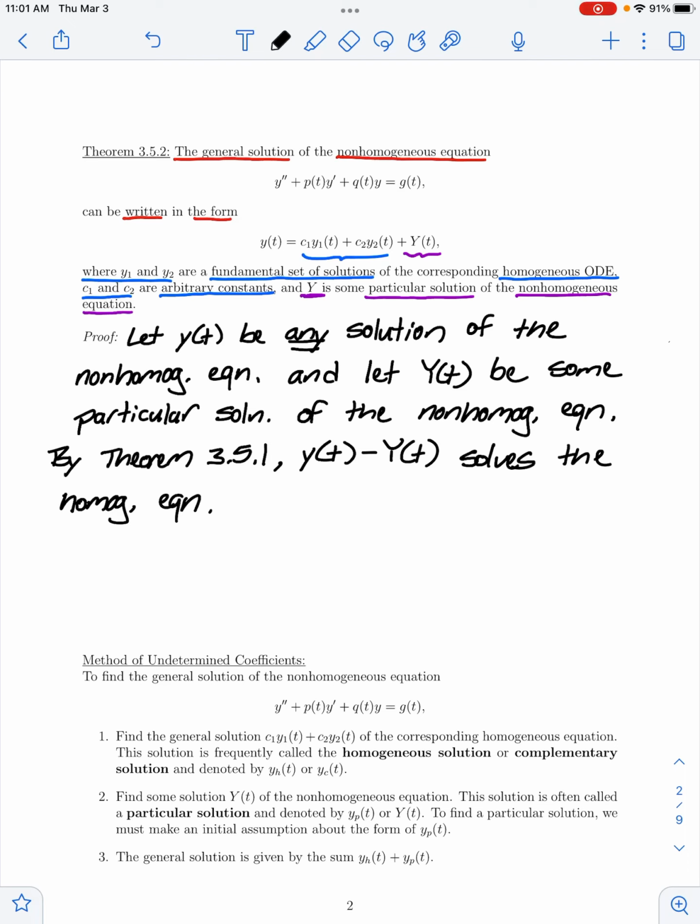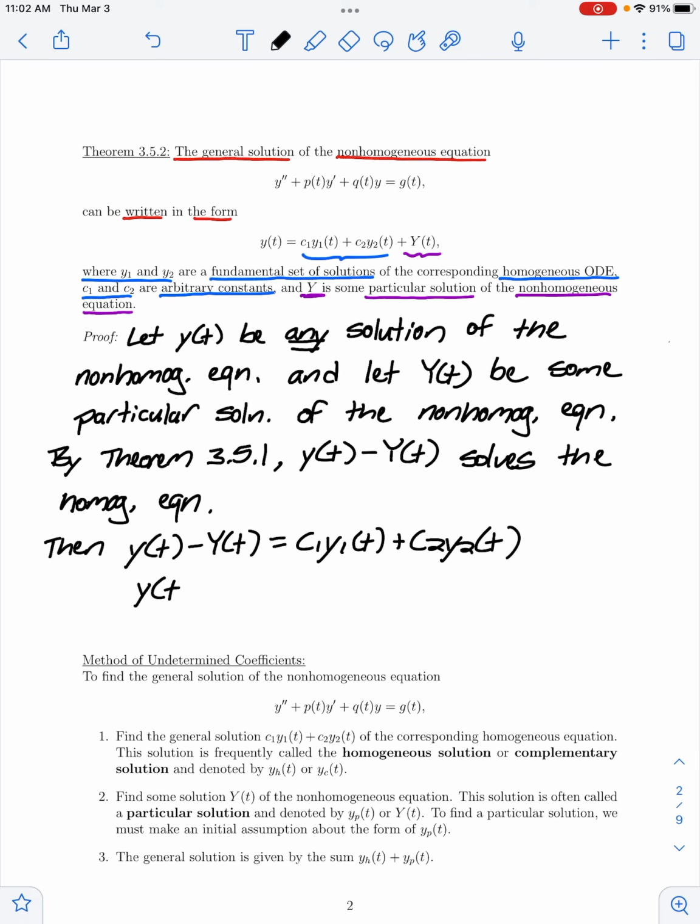So if little y1 and little y2 are a fundamental set of solutions for the homogeneous equation, then this difference, little y of t minus capital Y, which is a solution of the homogeneous equation, can be written as some linear combination of little y1 and little y2.